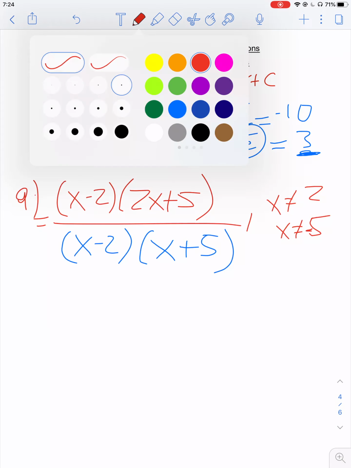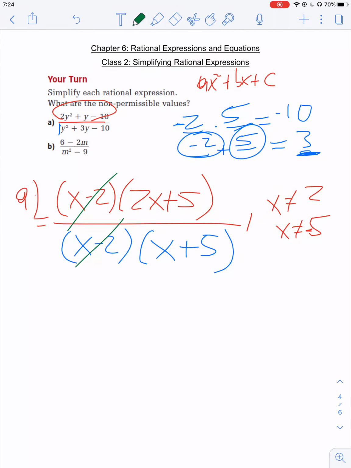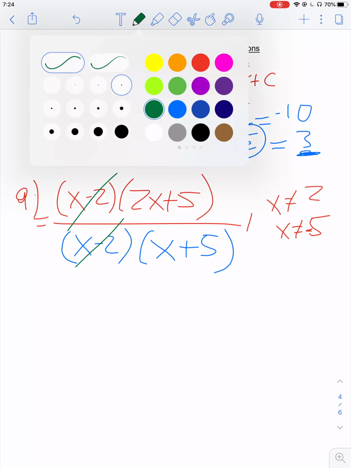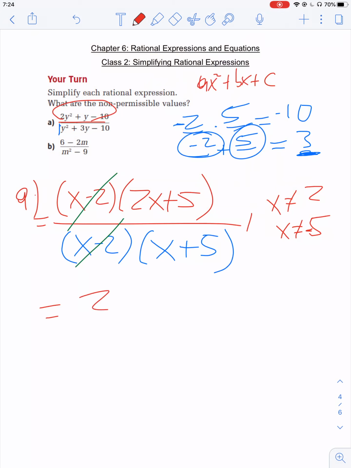Now that I have my restrictions, I can just cross this out, and then my final answer will be 2x plus 5 over x plus 5. Now, I know it's really tempting to cross out the x plus 5 and x plus 5, but please don't do that. The only way this would work is if this was 2x plus 10.